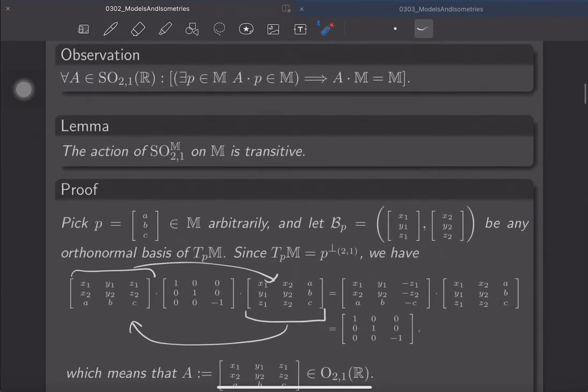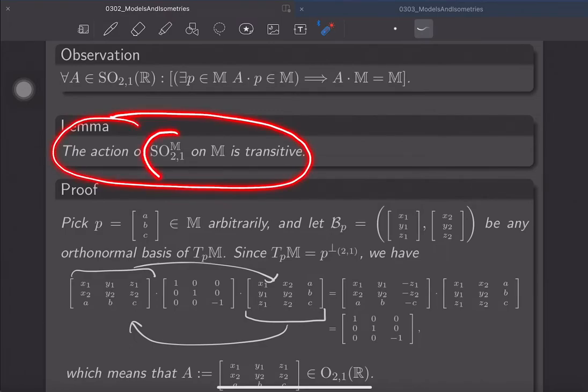Okay. Then the path to do that involved showing that the action of the restricted Lorentz group on M is transitive.